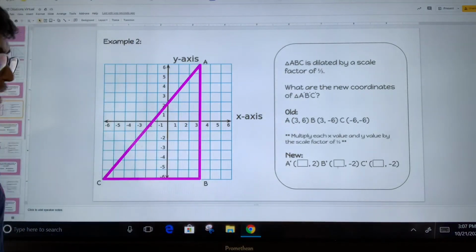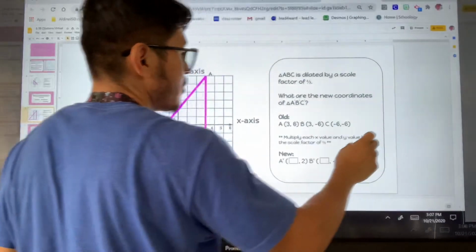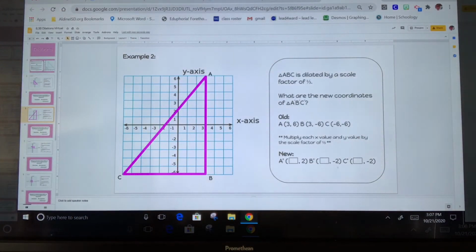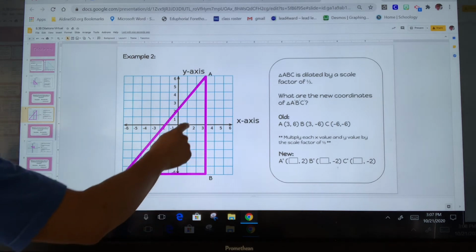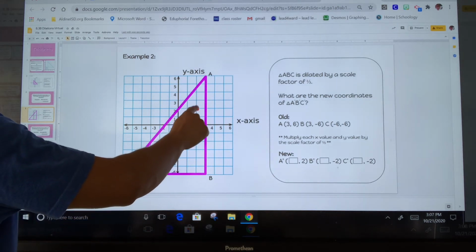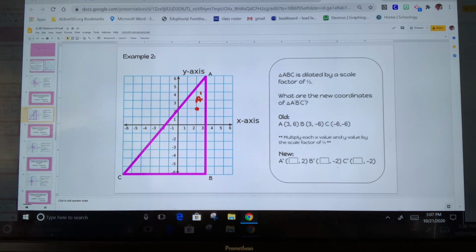If we plot this, which is what you're going to do in the next assignment tomorrow, you're going to have 2, 2. And again, this is A prime, the new one. And you're going to have 1, -2.